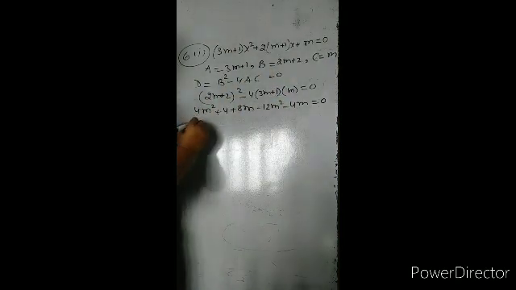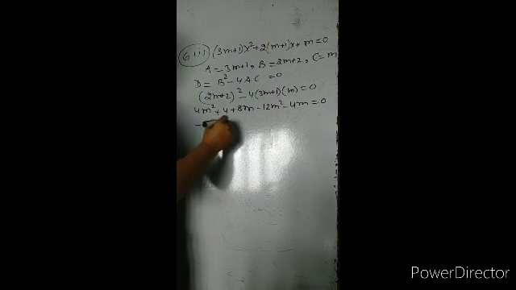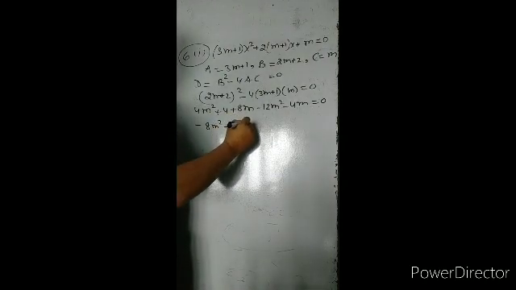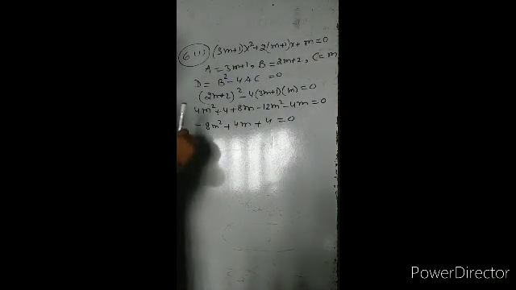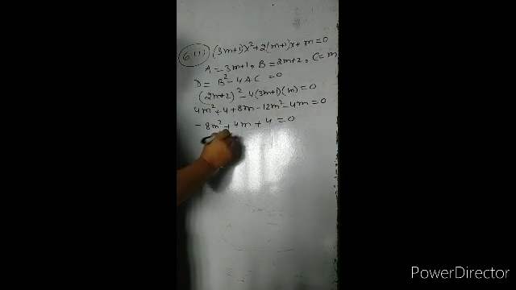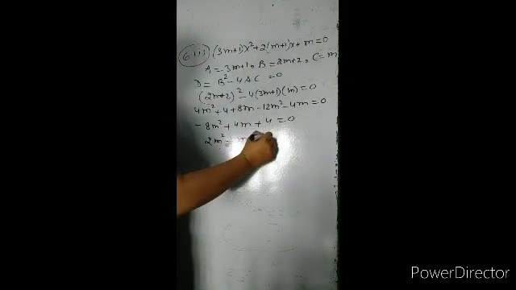Now we have minus 8m square plus 4m plus 4 is 0. So to make it positive, divide each and every term by minus 4. You will get 2m square minus m minus 1 is 0.